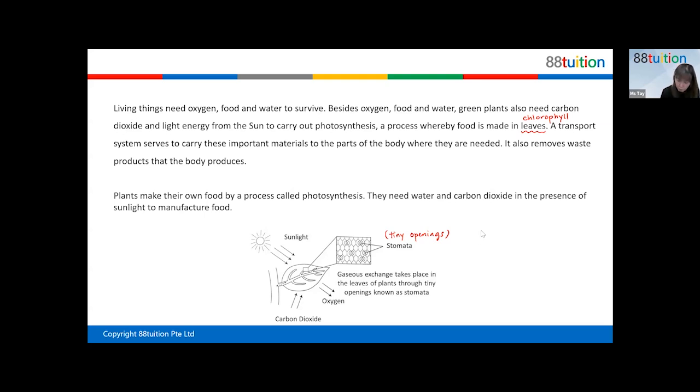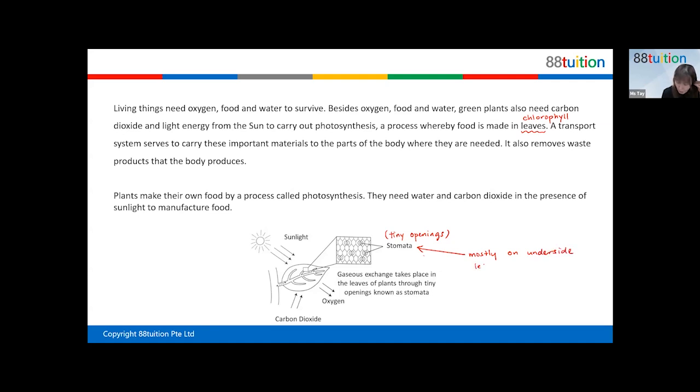Okay, no one is answering me. Only Jerome. Jerome says that because the top of the leaf needs to get more sunlight, so there are fewer holes there. Nope, that's not correct.